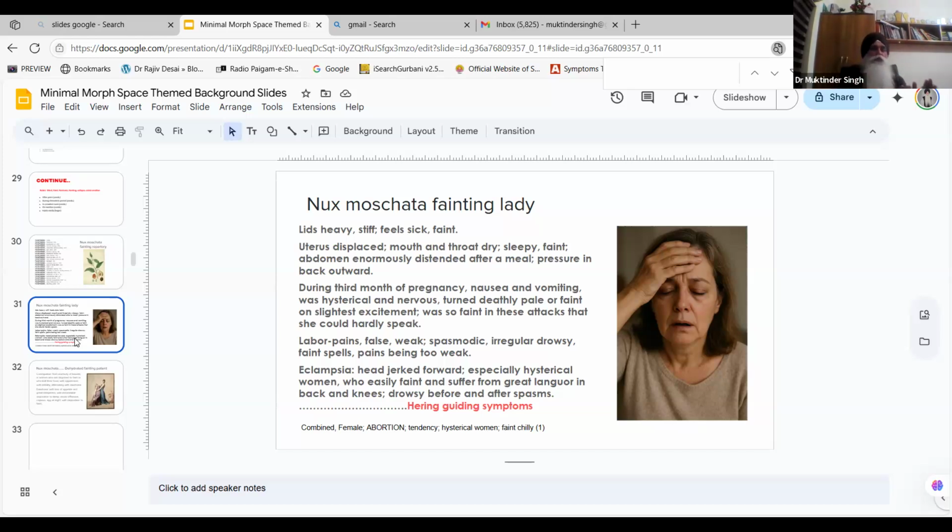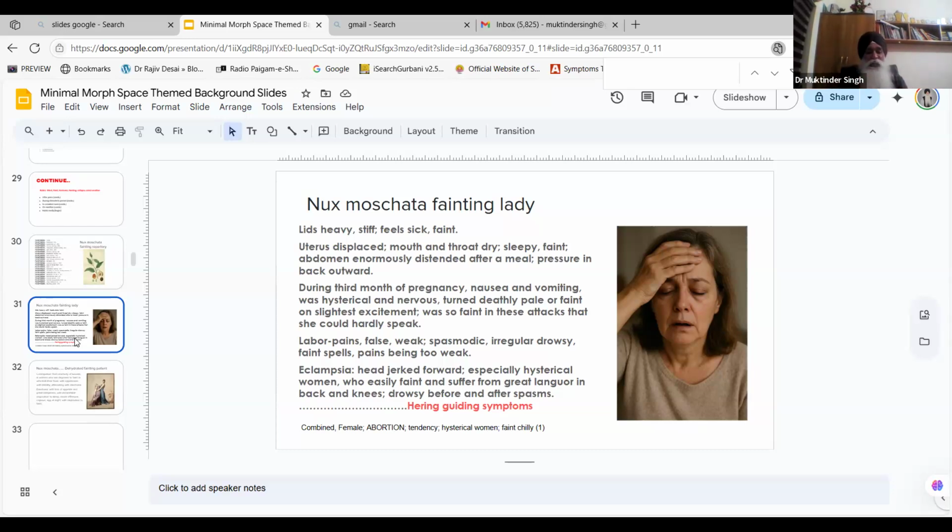Nux vomica is more of a practical, right-sided remedy. Nux moscata is more of a left-sided remedy, meaning right brain dominant. Whenever there are emotions, Nux vomica will have sensitivity to noise and stimulus, and they will get stiff, while Nux moscata will go lax. So Nux moscata and Nux vomica are both great remedies.